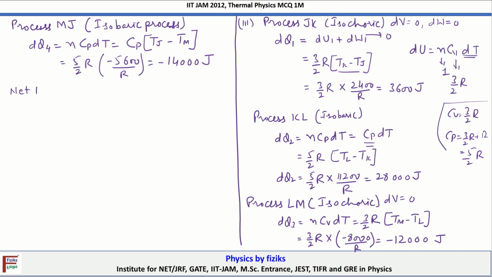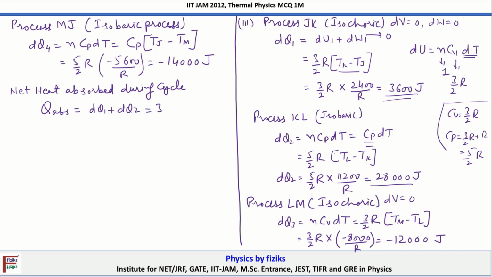Now the net heat absorbed during the cycle, I'm calling that Q absorbed, is equal to dQ1 plus dQ2, because only dQ1 and dQ2 are positive quantities. dQ3 and dQ4 are negative. If you add these two quantities, it will come out to be equal to 31,600 joule.